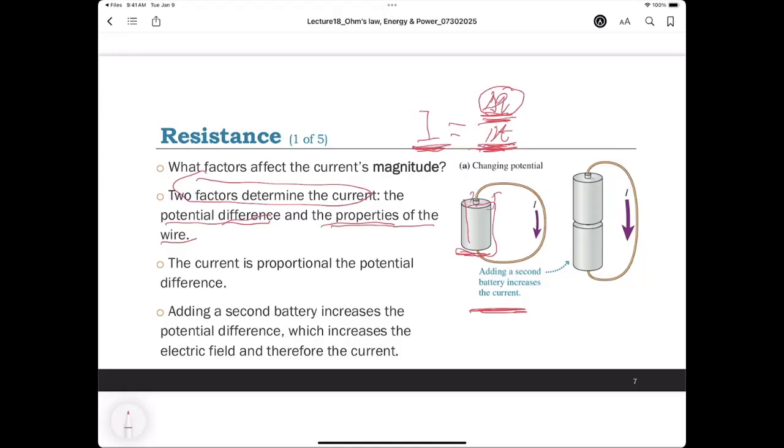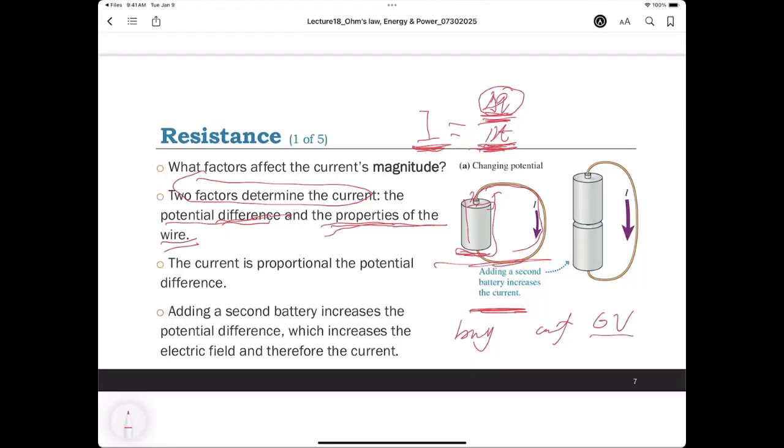For example, if you buy a battery in a supermarket and the EMF is 6 volts, the potential difference is 6 volts and will not change. If you grab a wire from a lab, the property of this wire is fixed.